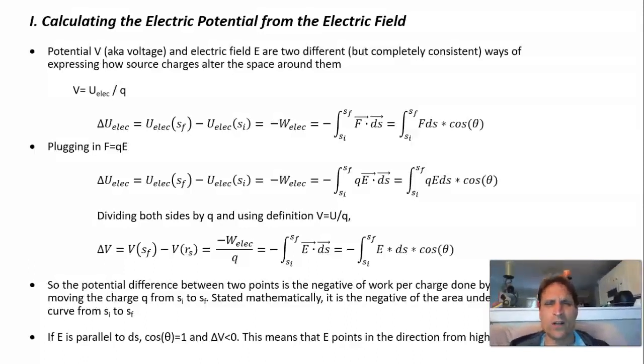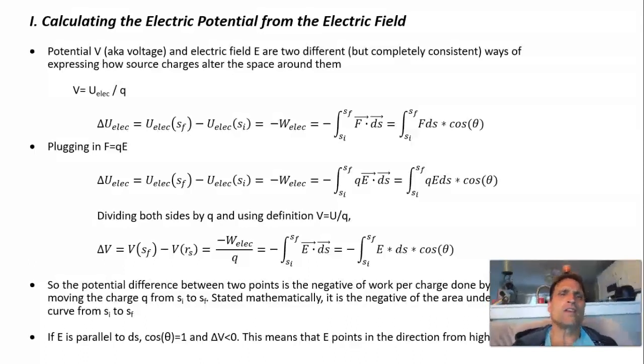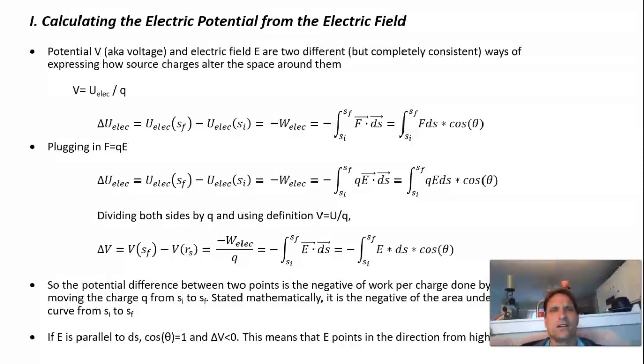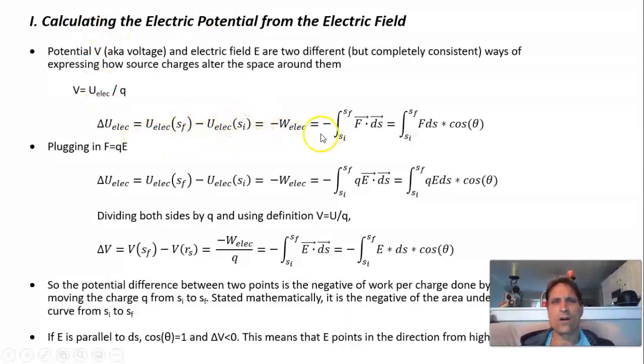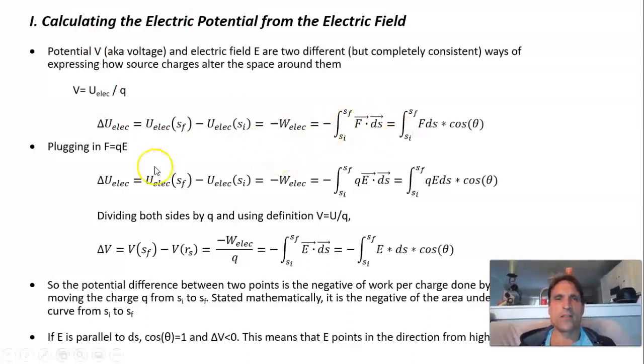So let's quickly go back and review a little bit here. Recall that the electric potential difference between two points, S initial and S final, is related to the work done by the electric field. Okay, this was from the last chapter. And so work done by the electric field leads to differences in potential energy.